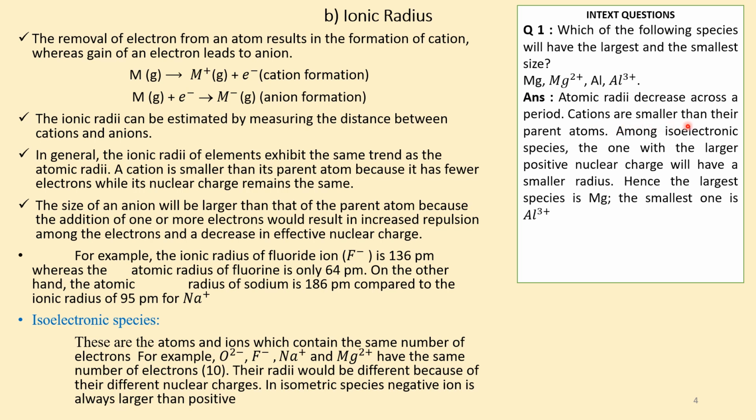Cations are smaller than their parent atoms. So among isoelectronic species, the one with the larger positive nuclear charge will have the smaller radius. Hence, the largest species here is Mg and the smallest one is Al3 plus.